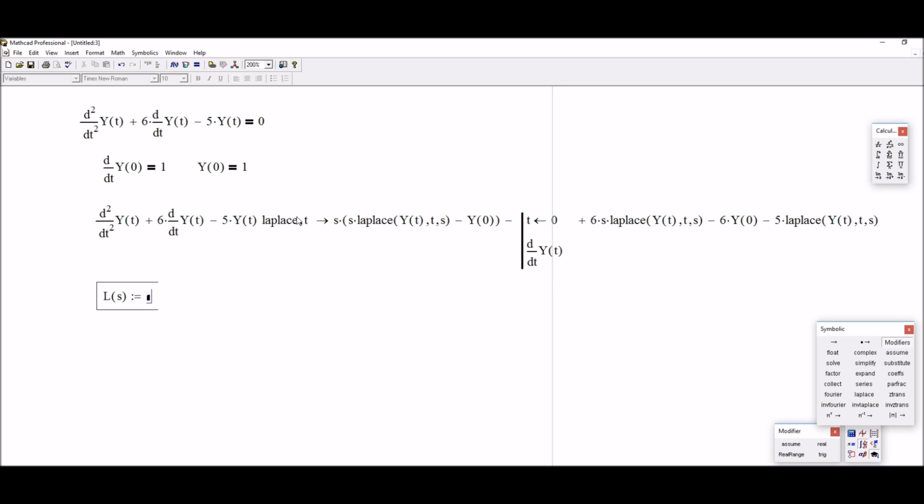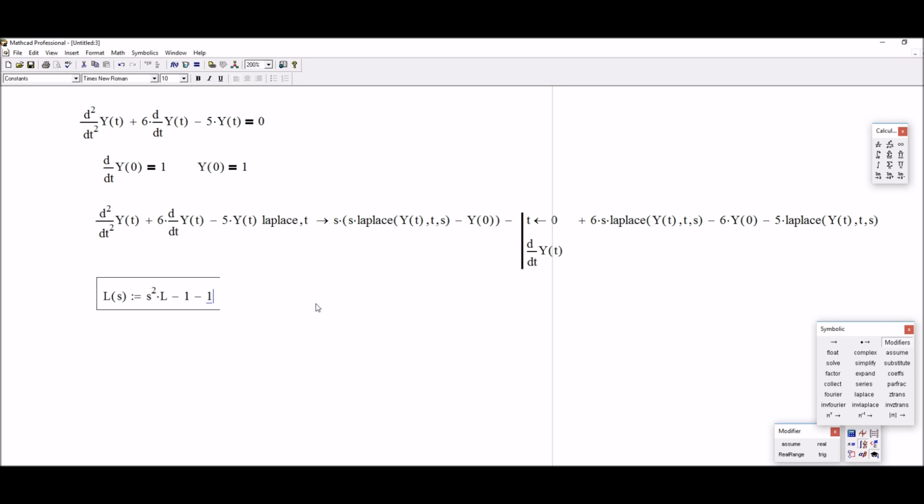The first term is S square times L. Then the second one is minus y0, and my initial condition y0 is 1, so minus 1. The third term is basically dy0 over dt, or y prime 0, so that's also 1 here.